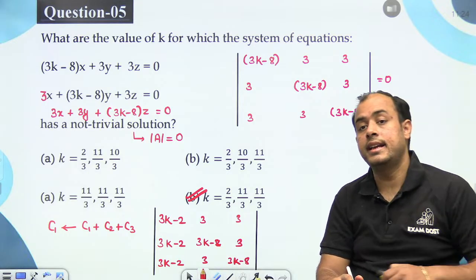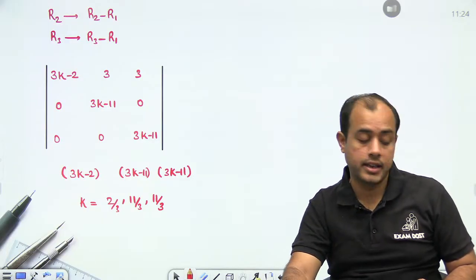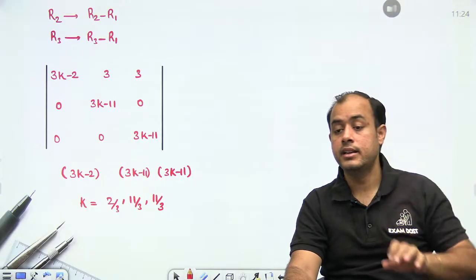Okay. For a non-trivial solution in a homogeneous system, the determinant must be 0.